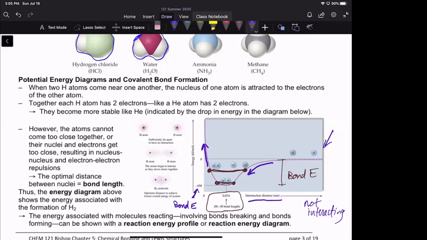So if our hydrogen is sitting down at this lower energy level, and then we add that much energy to it, that would be enough to bring it over to this side where the bond would be broken. So this is a reaction profile or an energy diagram or a reaction diagram, and we'll be seeing these throughout the quarter.